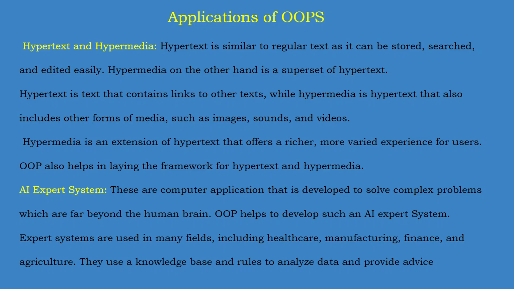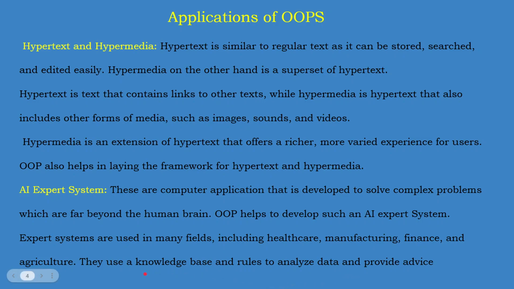As the name implies, expert systems are systems used in specific fields. For example, healthcare systems solve problems in the health industry, manufacturing systems give solutions for problems in the manufacturing industry, and likewise in finance and all other fields. They use a knowledge base and rules to analyze data and provide advice. Enormous amounts of data are fed into the system over a long time, which we call a knowledge base.